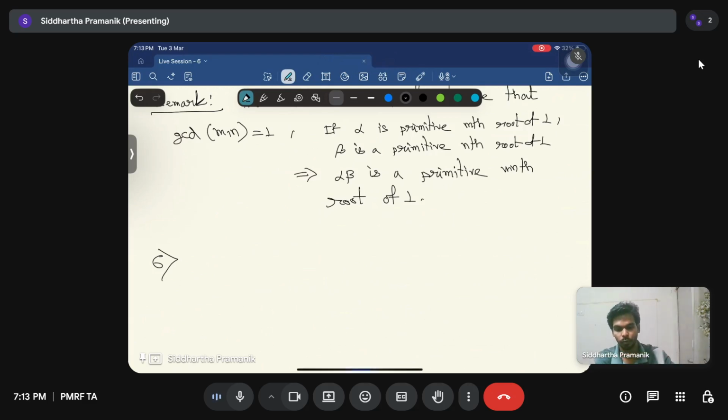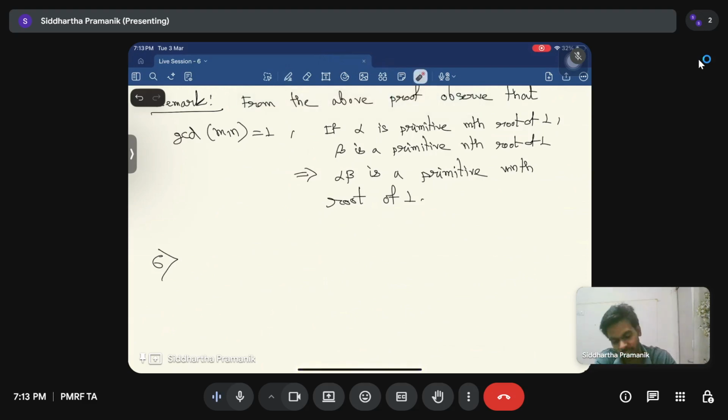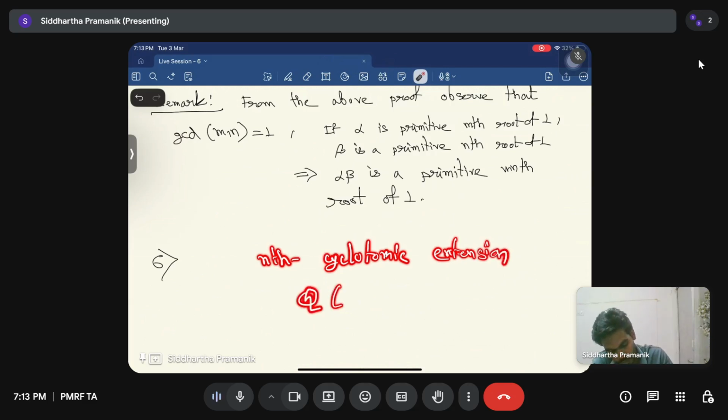Okay, so we already know about the nth cyclotomic extension of Q, which is Q adjoin zeta n, right? So we know that this may not be a subset of R, right?